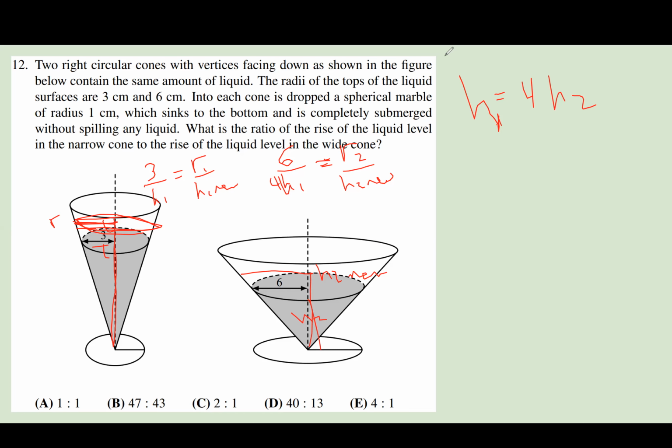And after adding the marble to each one, their volumes are still equal, which means that height is still in that same ratio, right? So the new height on the left is still going to be equal to 4 times the new height on the right.